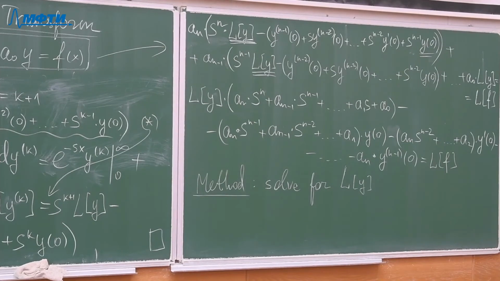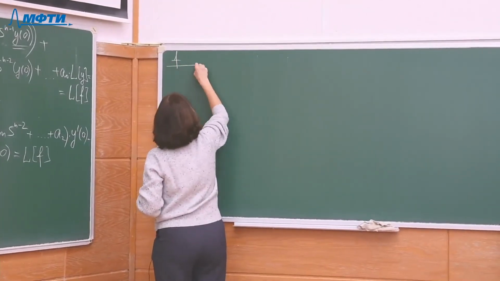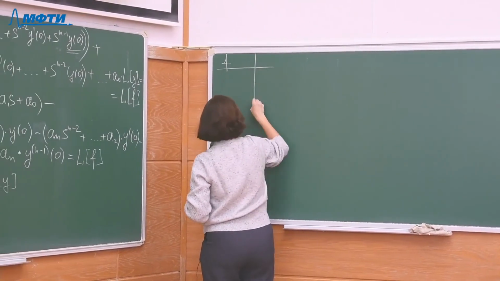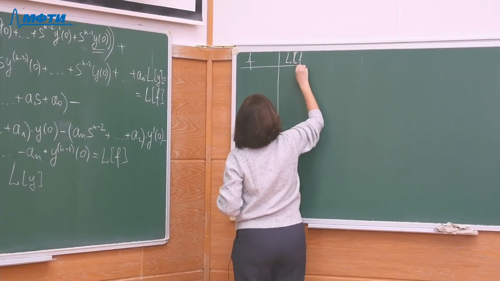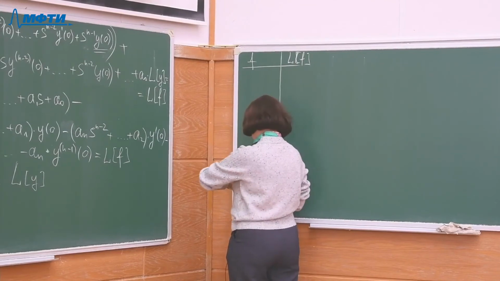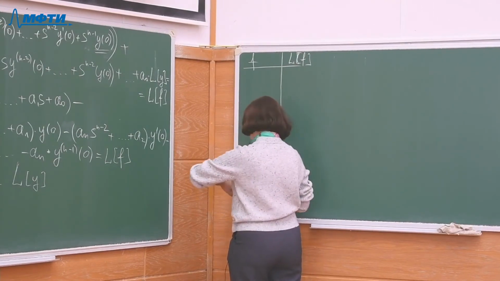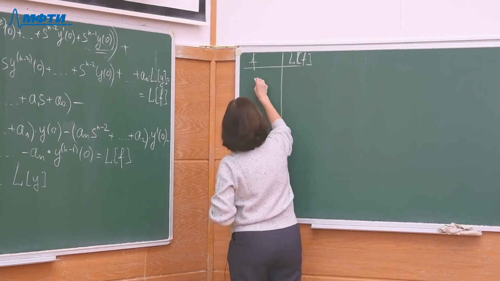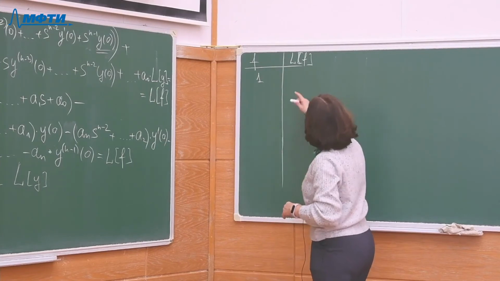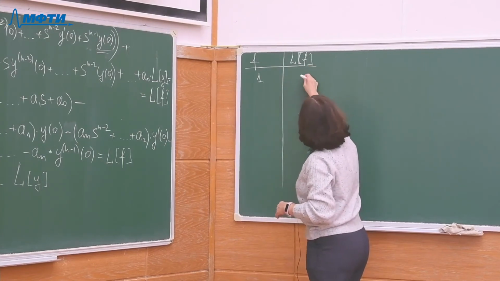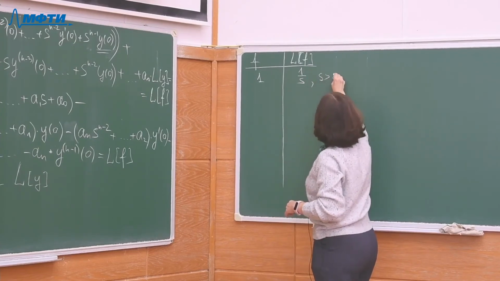Okay, so we know the Laplace transforms of two functions. If f is equal to 1, then the Laplace transform is equal to 1 over s, for s greater than 0.